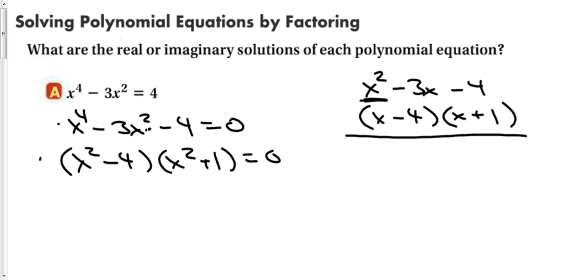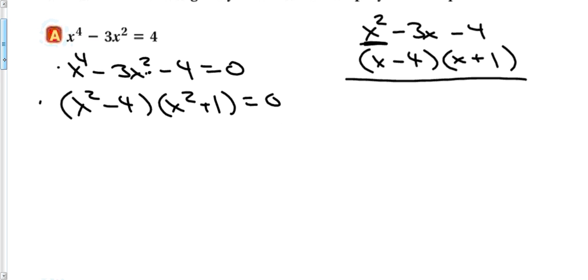On the left, we're not done yet because we can still factor each piece a little bit more. So x squared minus 4, I can factor that like a quadratic, and it is the difference of perfect squares: x plus 2, x minus 2.